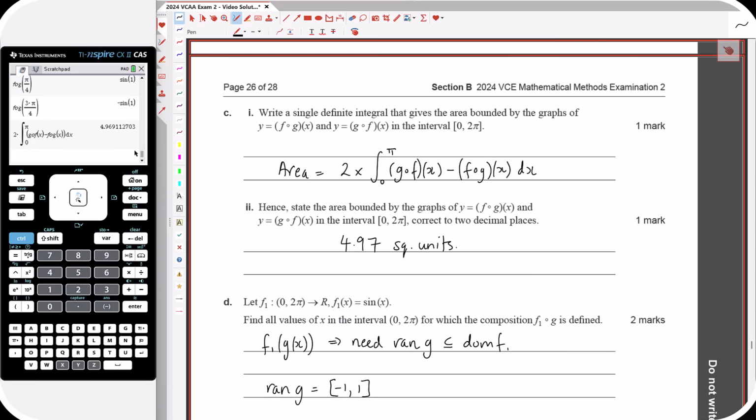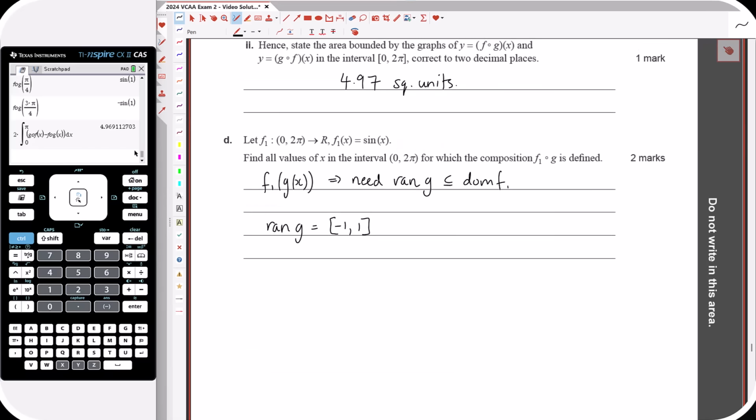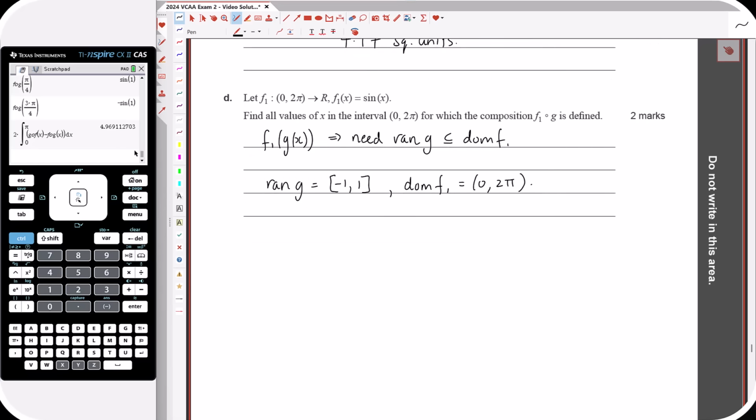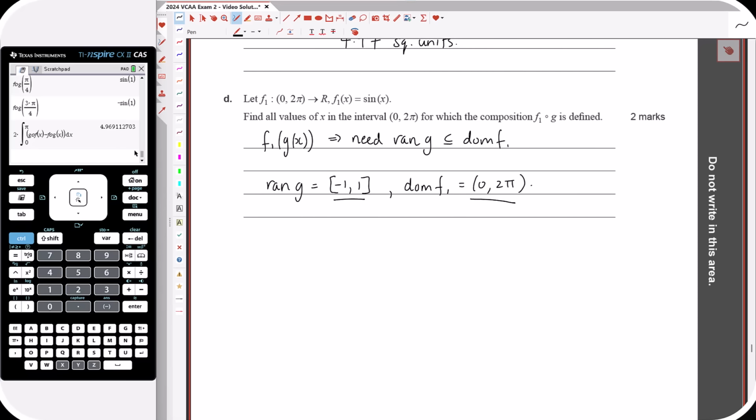It's just sine of 2x. And the domain of f1 is 0 to 2 pi. If we need this to be a subset of this, 1 is less than 2 pi, so that's not an issue. But this means that we need the range of g to only go from 0 to 1.